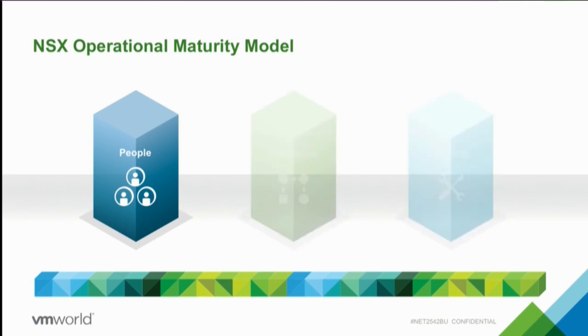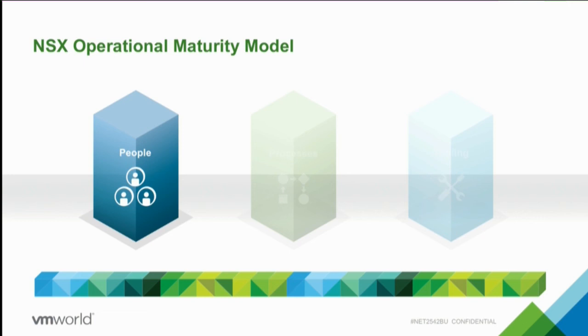Okay, so with that, we're going to first talk about people. When we start talking about people in operationalizing NSX, some of the questions that you may have, and some of the questions that we often get, are: who should take on NSX? What does my organizational structure look like once I have network virtualization? Because I already have my physical infrastructure teams, I have my virtualization teams, everything is well laid out.